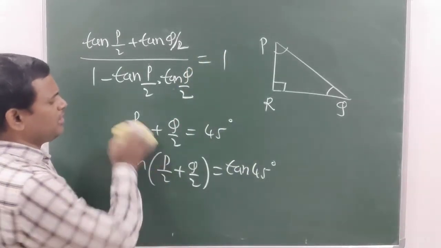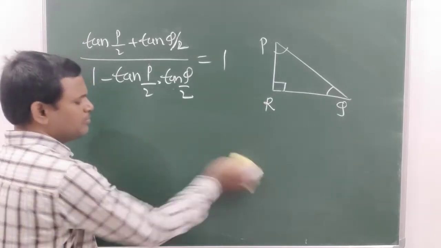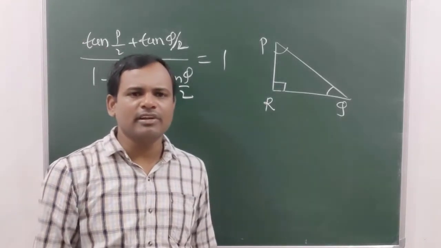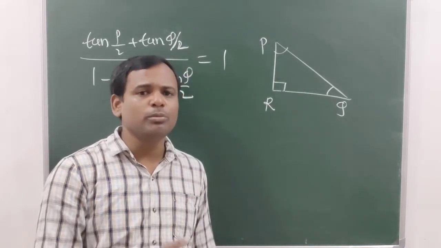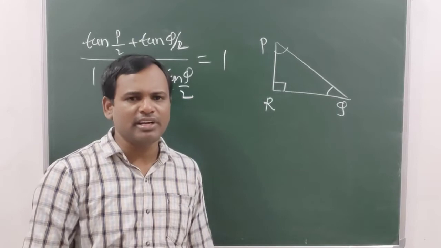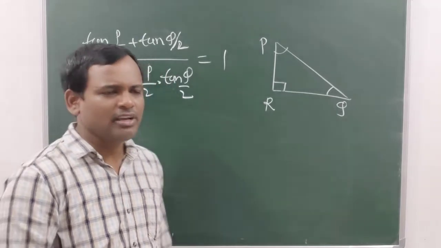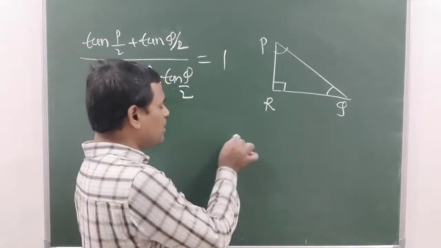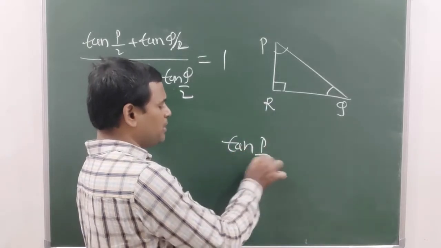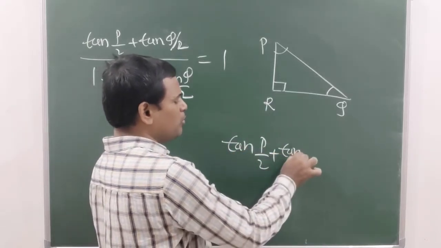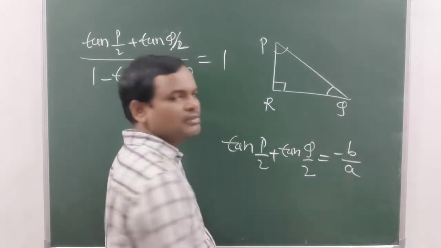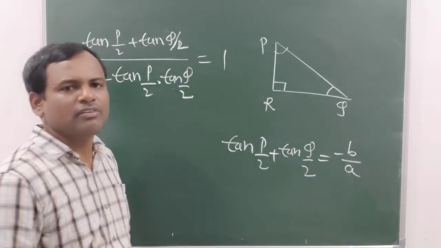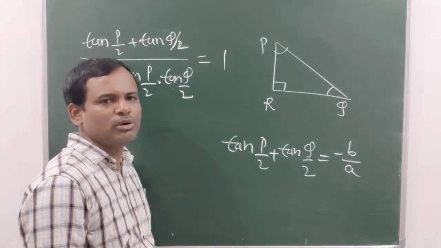Okay, right. But in the problem they have given that tan P by 2 and tan Q by 2 are the roots of the given quadratic equation. So as we know, the sum of those two roots, tan P by 2 plus tan Q by 2, is equal to minus b by a. Sum of the roots of a quadratic equation, alpha plus beta, is equal to minus b by a.